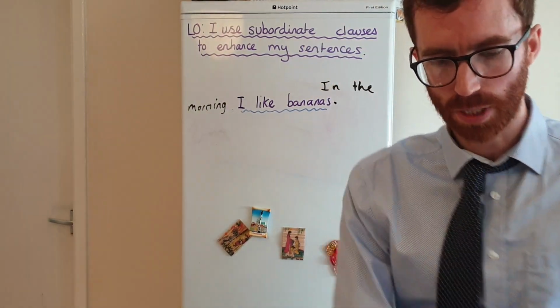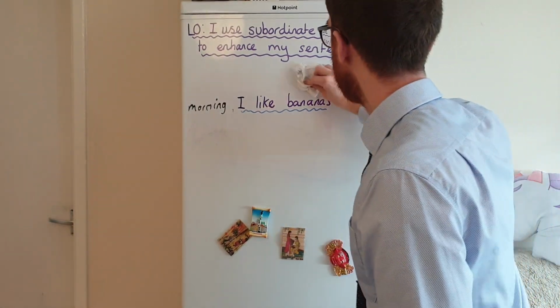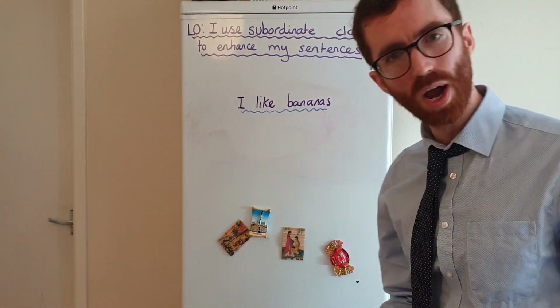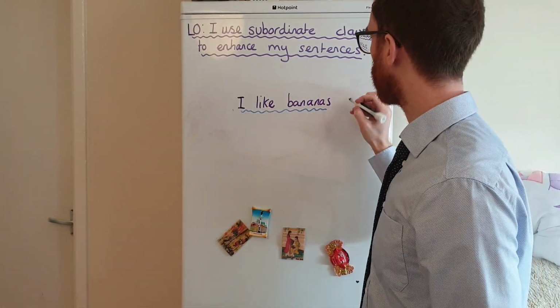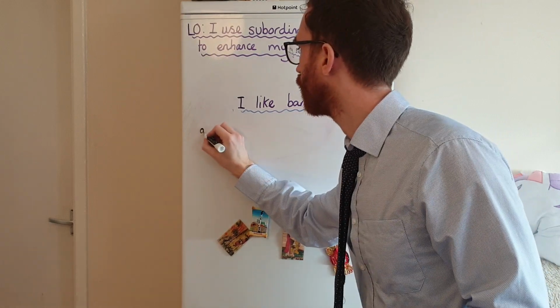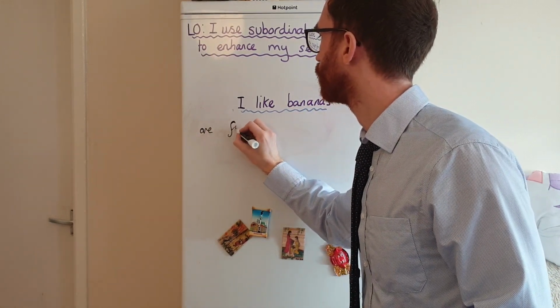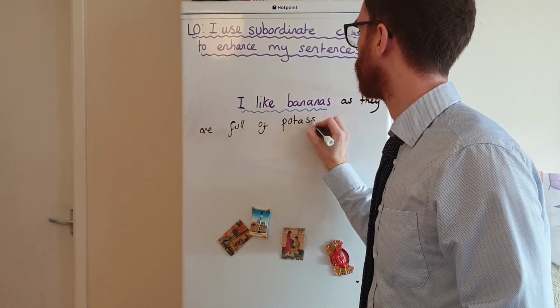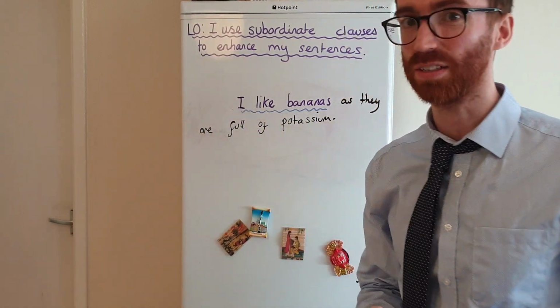It doesn't always have to be about when, okay? I could change this sentence. I like bananas. Why do I like bananas? I like bananas as they are full of potassium. Okay, potassium is really essential for your diet.